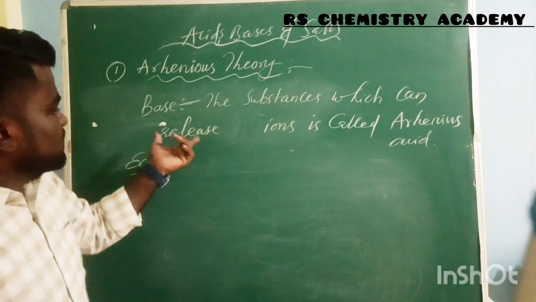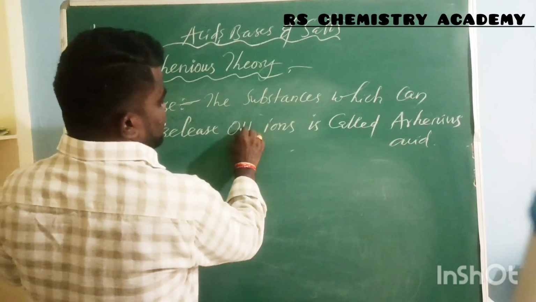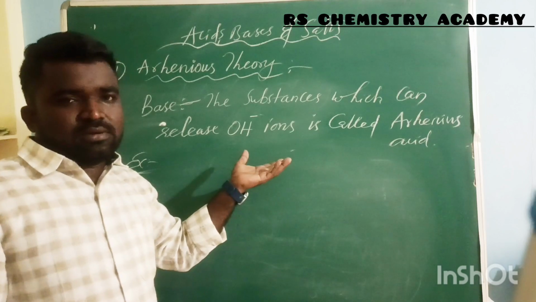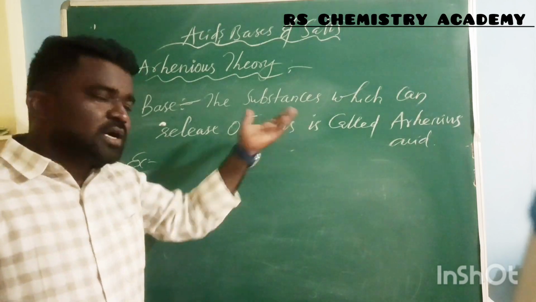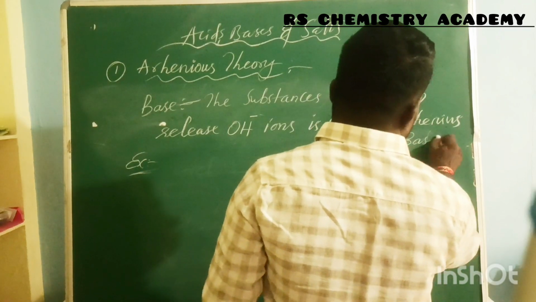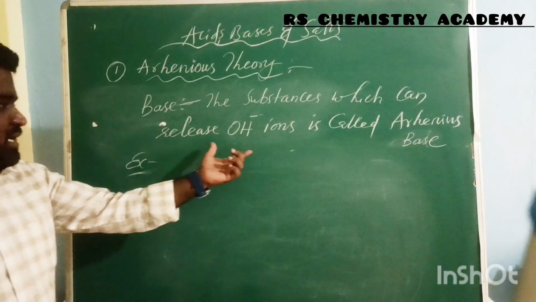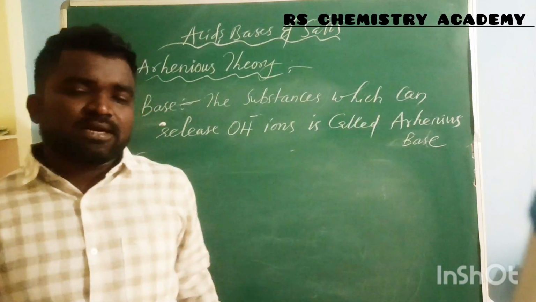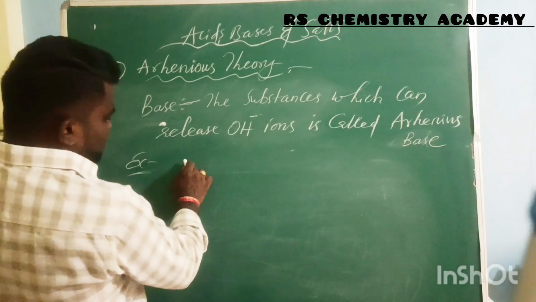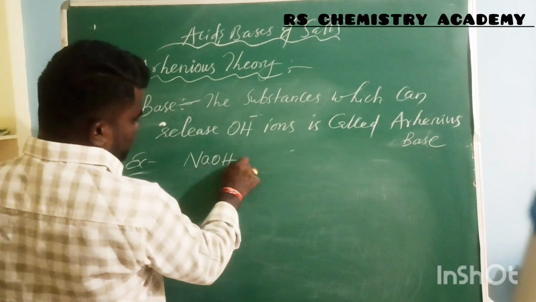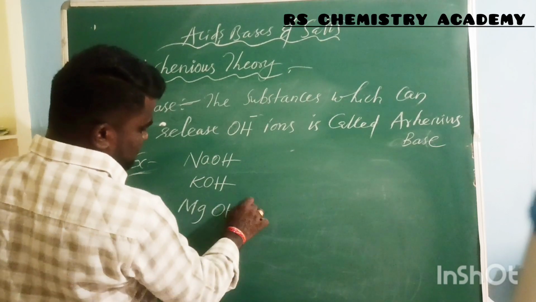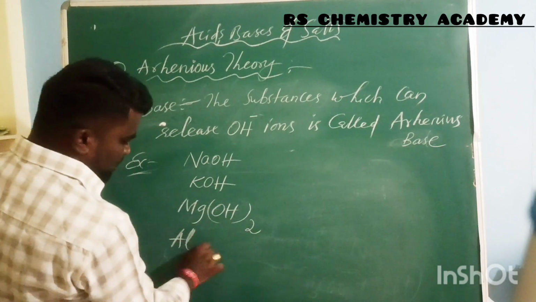The substances which can release OH minus ions, that is, hydroxide ions, are called Arrhenius bases. For example, the well-known examples I am taking are sodium hydroxide, potassium hydroxide, magnesium hydroxide and aluminum hydroxide.